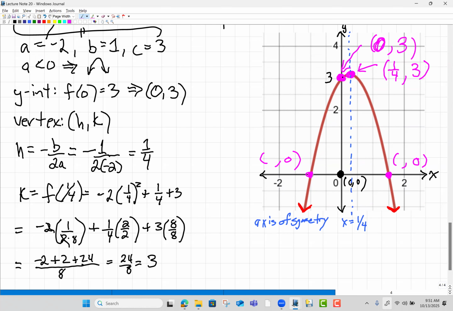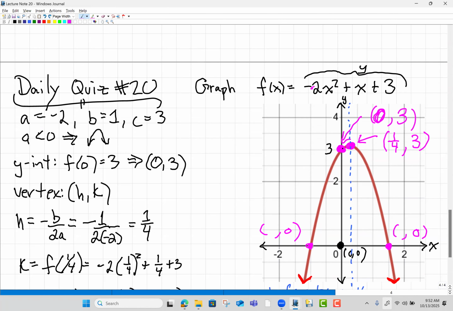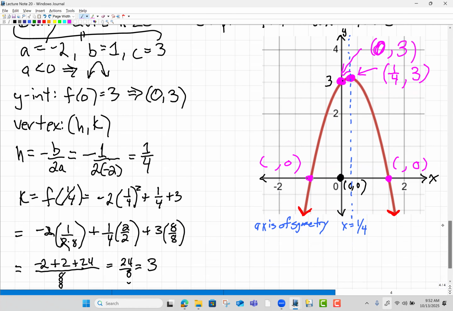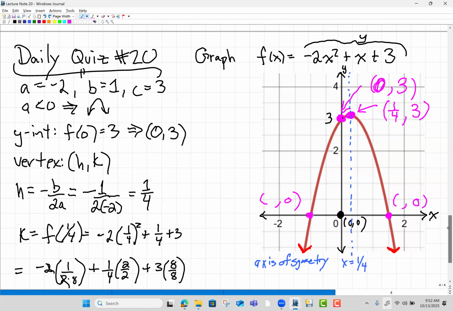Boop, which you can see right here, but, well, no, wait a minute, that's not right. I don't think so. No, that's where our y-intercept was, right? See, when x is 0, you get 3. We didn't plug 0 in, we plugged in 1/4. All right, so I did something wrong.